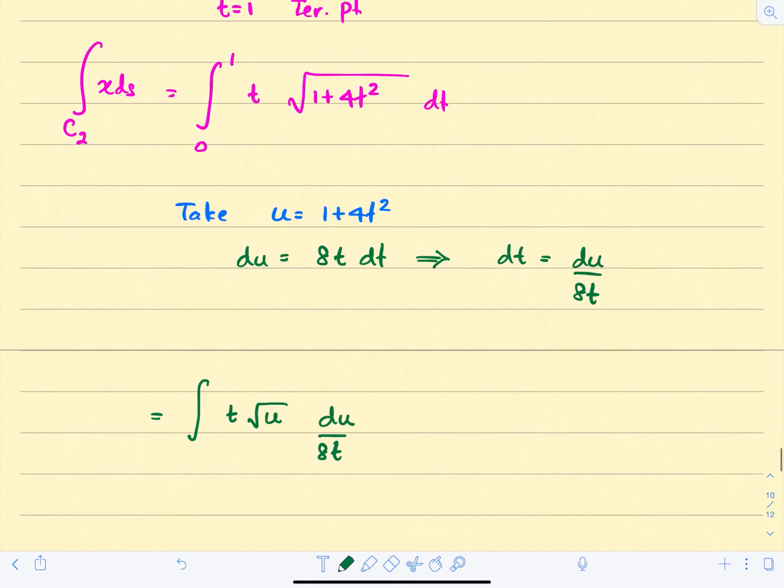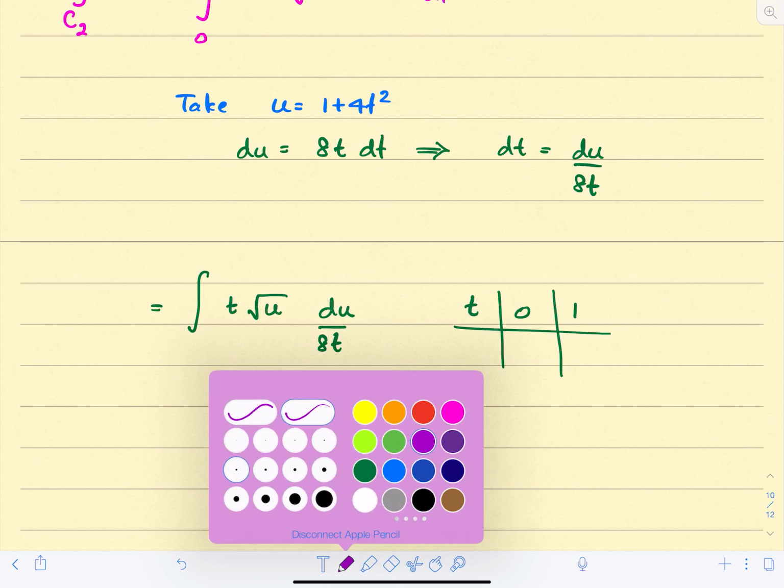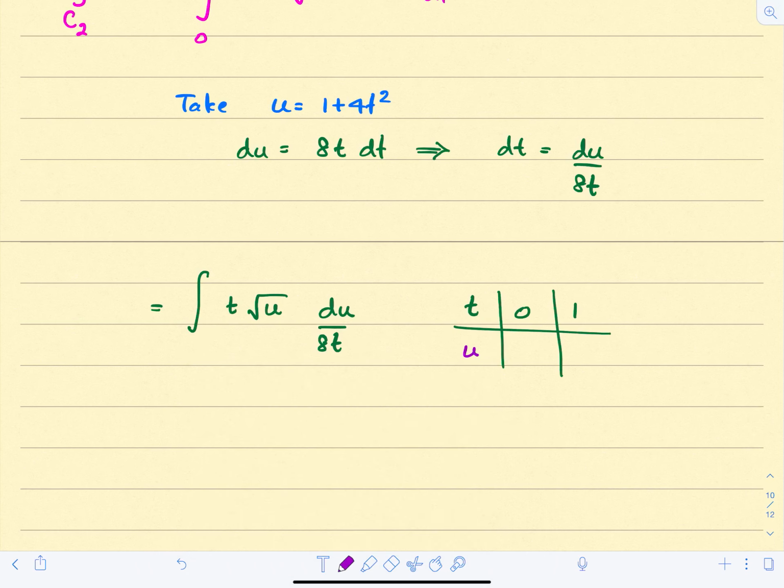Now let's find the corresponding limits for the u variable. t goes from 0 to 1. Therefore u goes from, if t equals 0, you will get u equals 1.